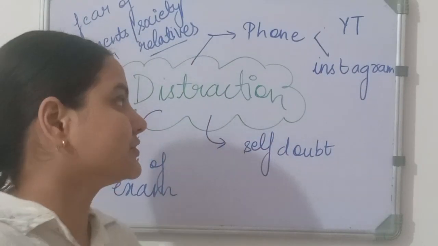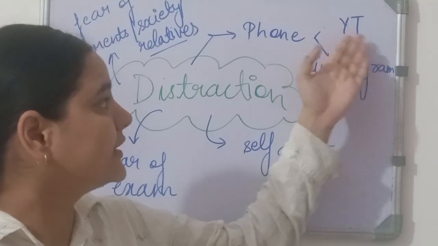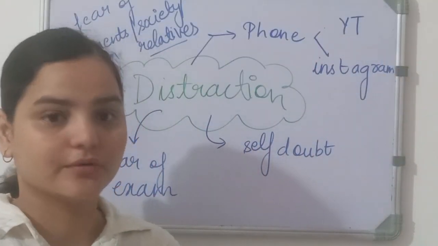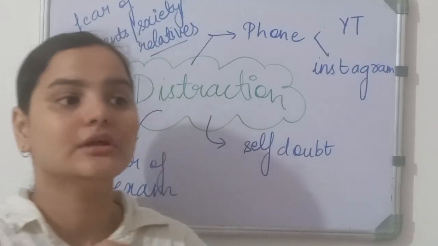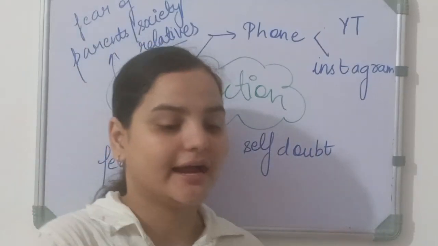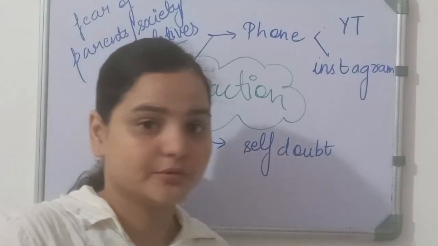So you may also try this. Either you can disable YouTube if you don't have control, or keep it enabled, but you have to make up your mind about what things you have to watch.